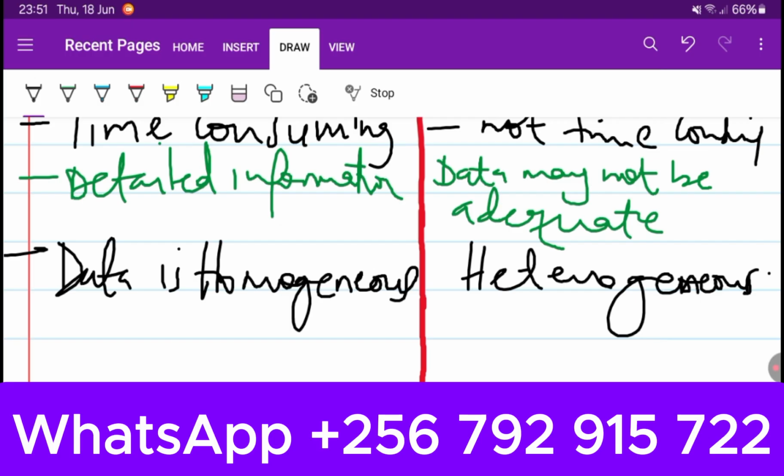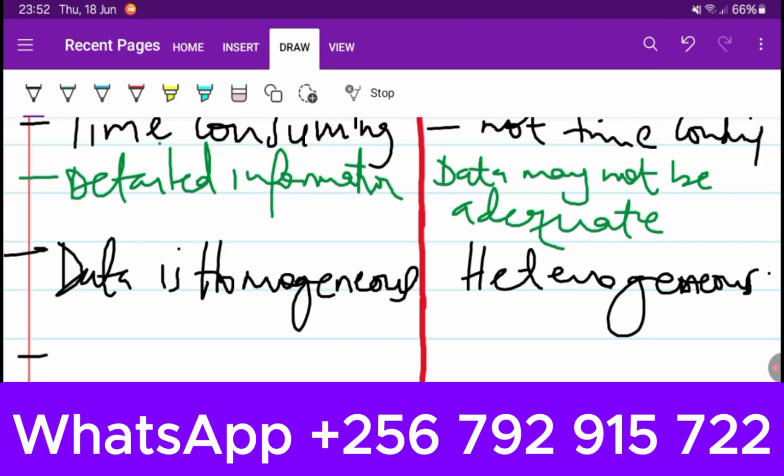Here we don't need to put extra precautionary measures. So those are some of the things that we can talk about as the differentiating aspects between primary data and secondary data.